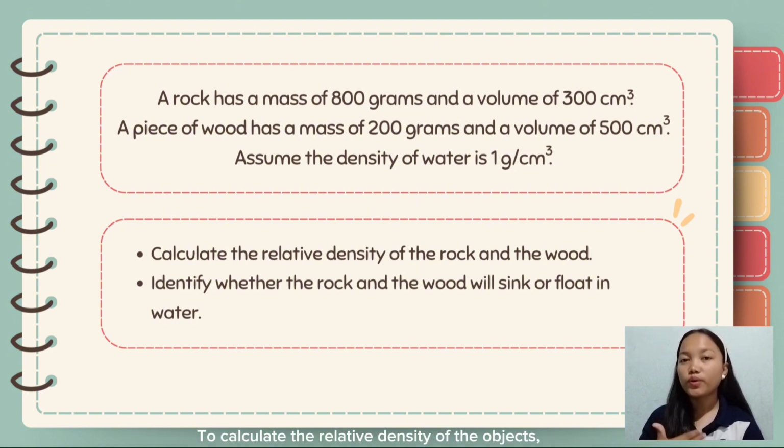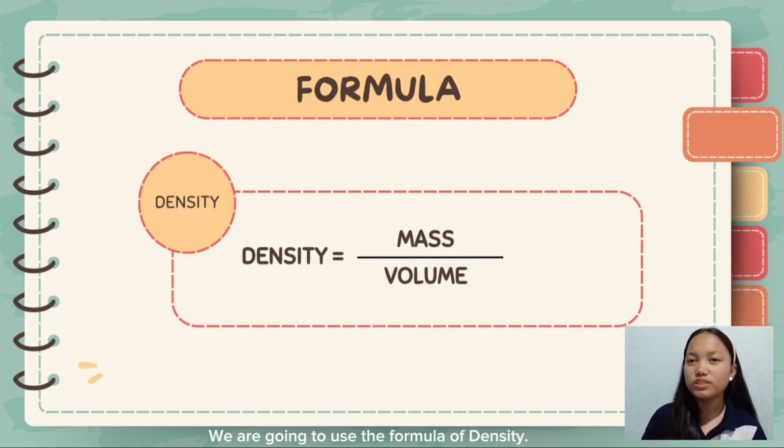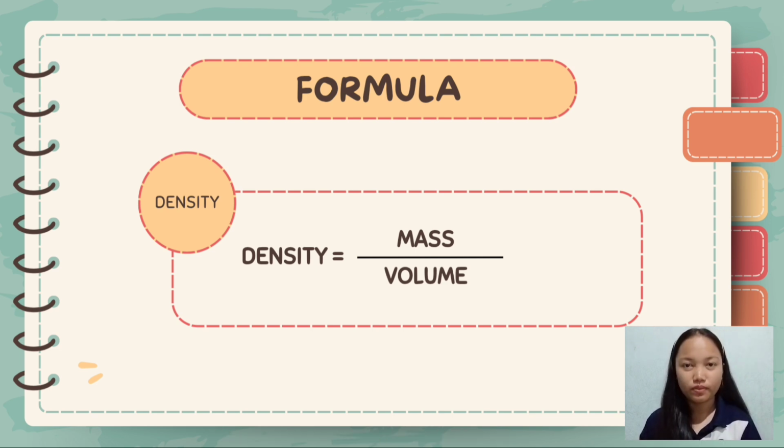To calculate the relative density of the objects, we are going to find first the density of the objects. To calculate the density, we are going to use the formula of density: density equals mass over volume.